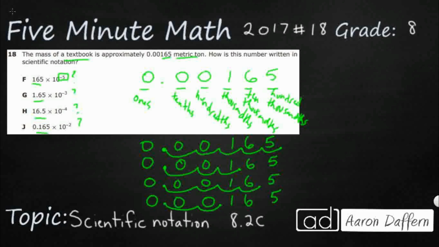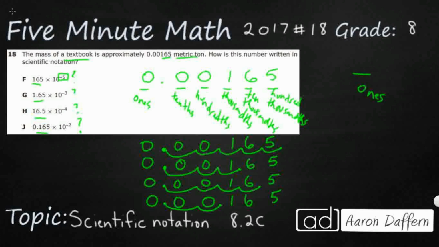All four of them, if you kind of factor them out a little bit, end up with this 0.00165. So what we know is that we can guarantee that at least every single number is going to have a digit in the ones place.